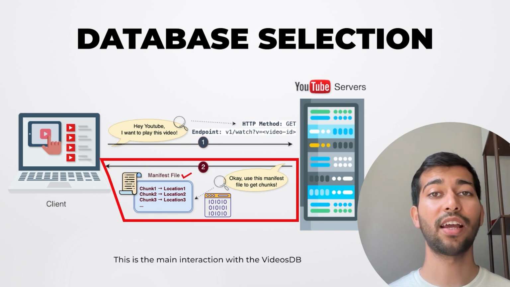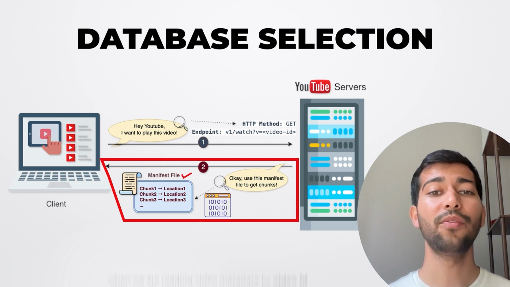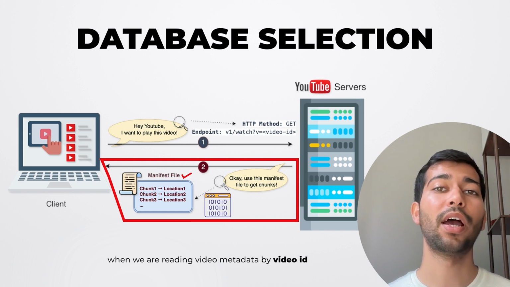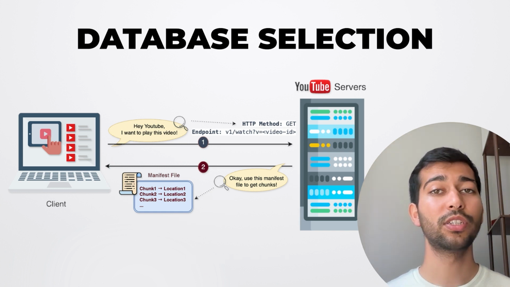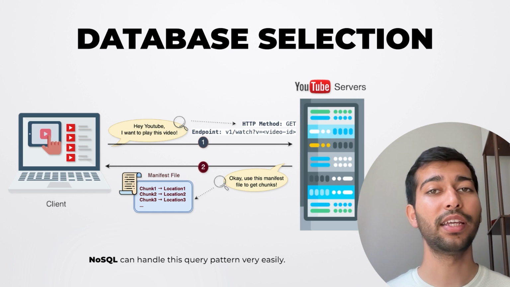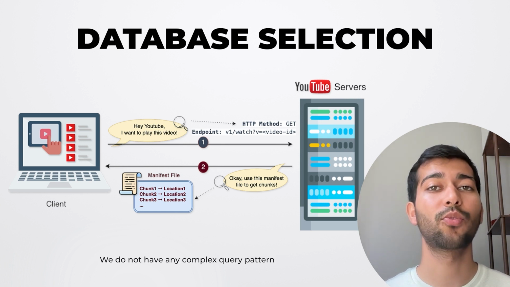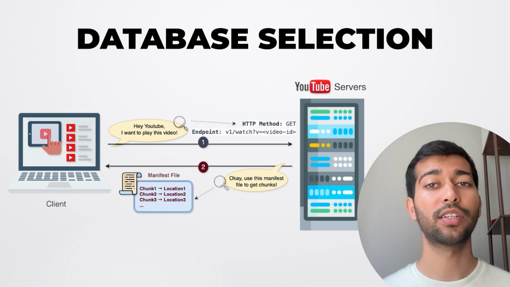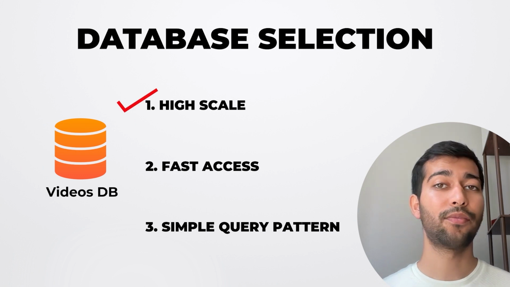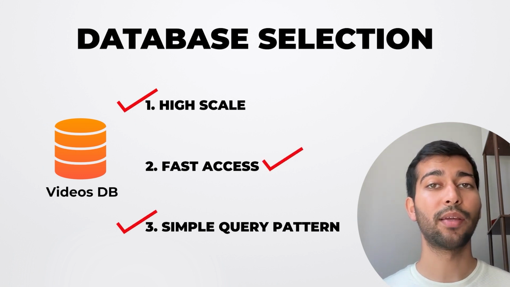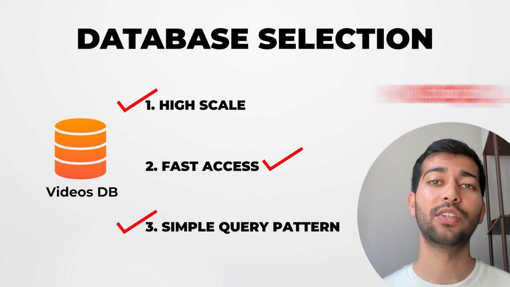This is the main interaction with the Videos DB when we are reading video metadata by a video ID. NoSQL can handle this query pattern very easily. We do not have any complex query pattern here. So in summary, due to very high scale, fast access, simple query pattern, we will go forward with NoSQL.